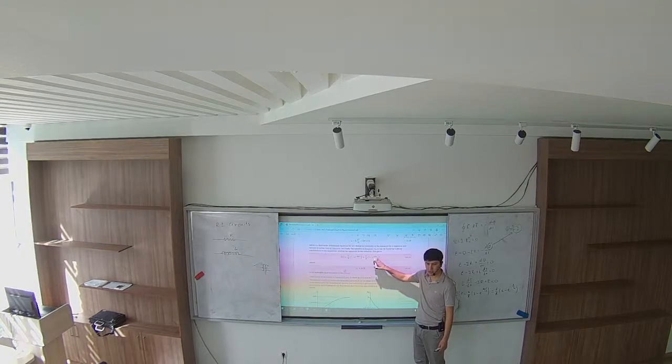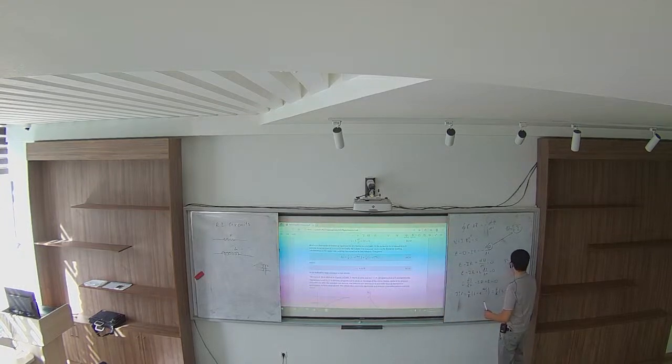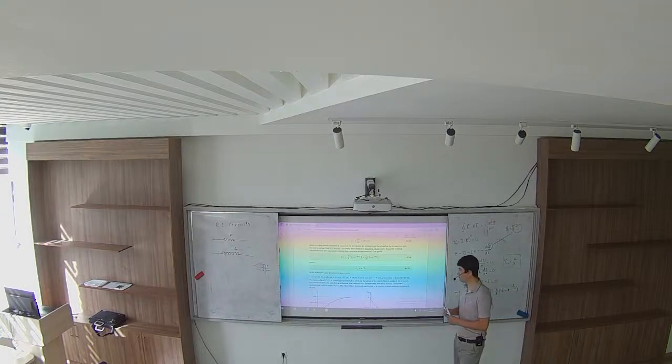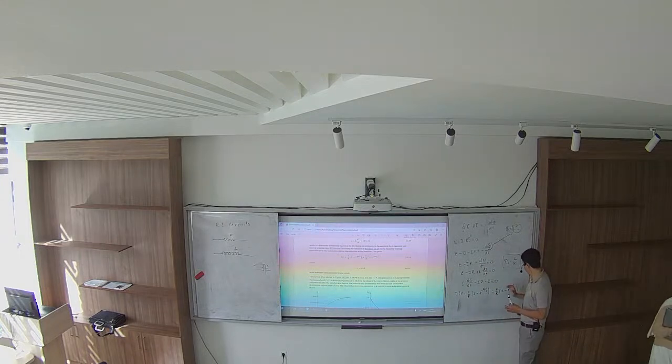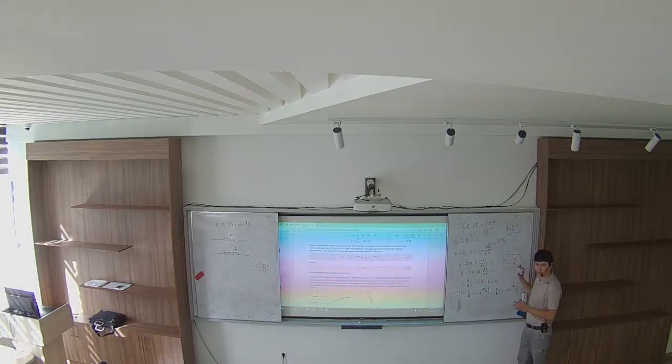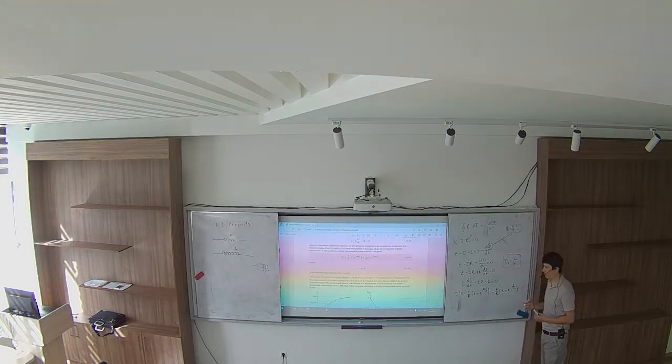Tau L is L divided by R. This is the inductive time constant, because L is constant and R is constant. So the ratio of these constants I can symbolize by another constant, which we call the inductive time constant.